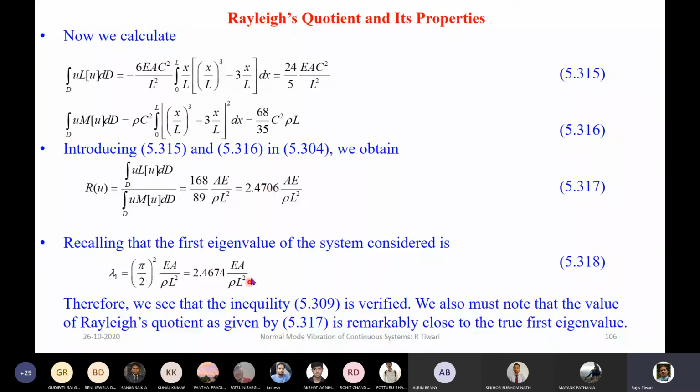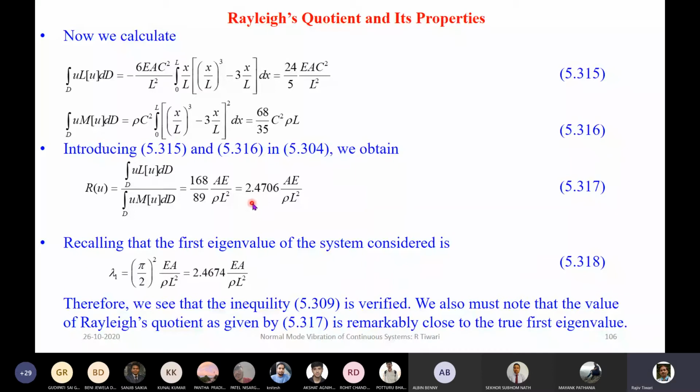This is the exact value we should have got if we had chosen the comparison function as the eigenfunction. But the comparison function is an approximate function, so there is some deviation in the coefficient. The difference is only in the second decimal: 2.4 is okay, and here it is 70.